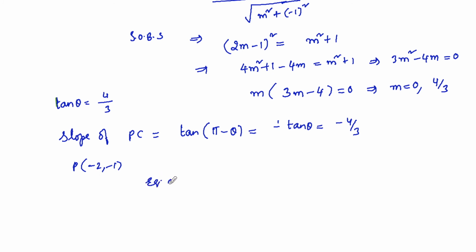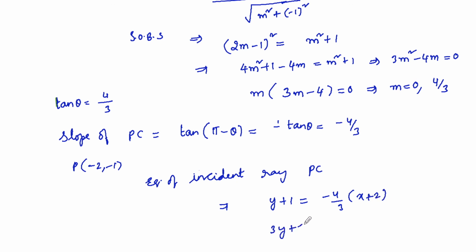Hence we can write the equation of the incident ray PC: y plus 1 is equal to minus 4 by 3 times of x minus of minus 2, that is x plus 2, that is 3y plus 3 is equal to minus 4x minus 8.